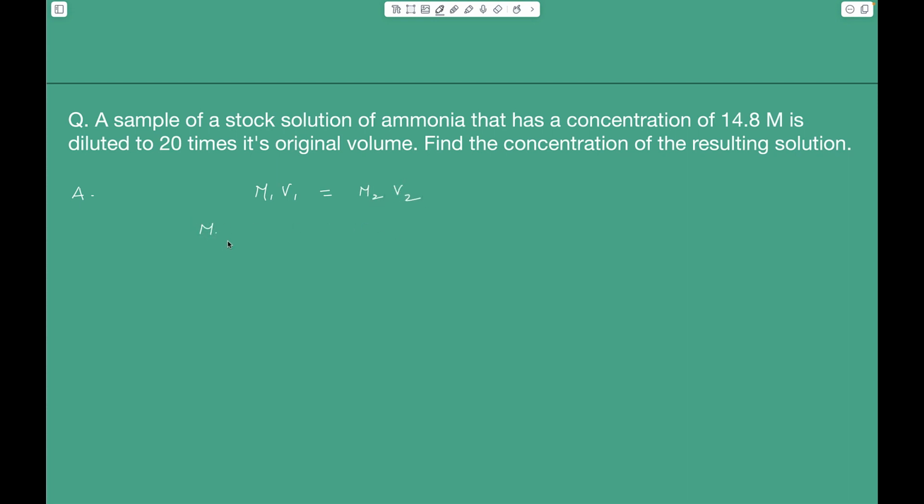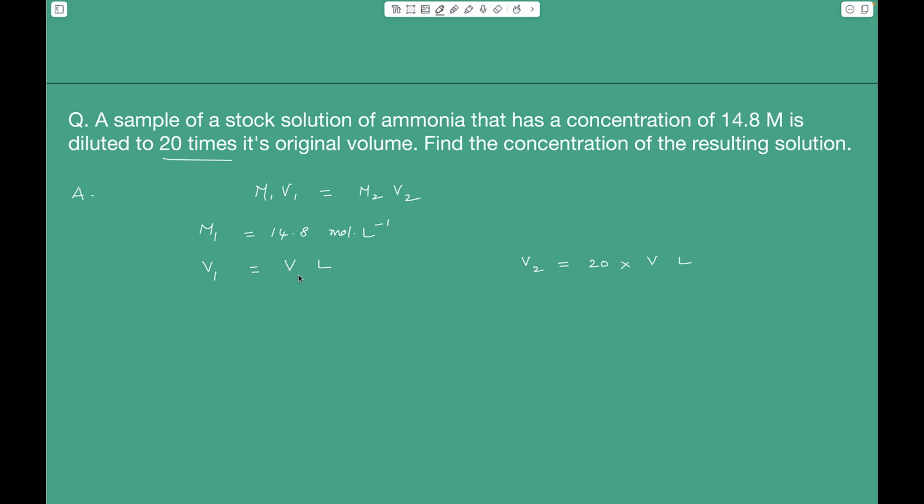Here M1, that is the concentration of the stock solution, is given as 14.8 M, that is 14.8 mole per liter. Let us say the volume of the stock solution taken is V liters. Then what is the volume of the dilute solution? It is diluted to 20 times its original volume. That is V2 is equal to 20 times V liters.